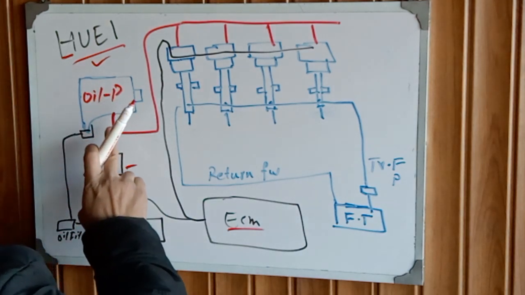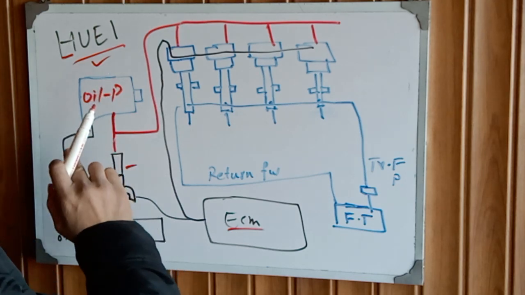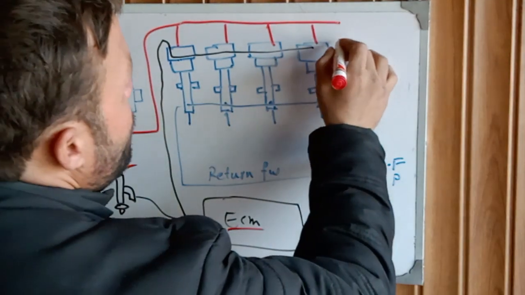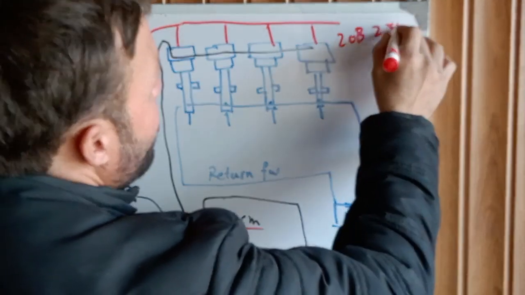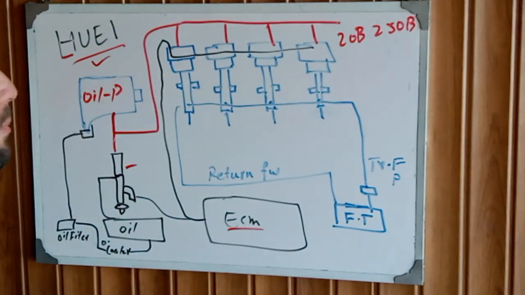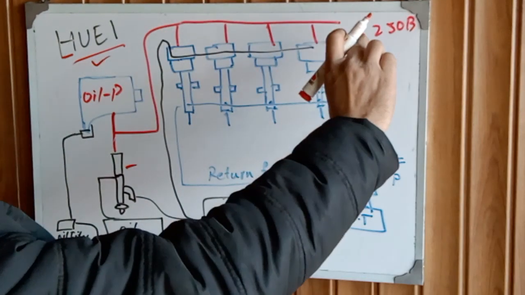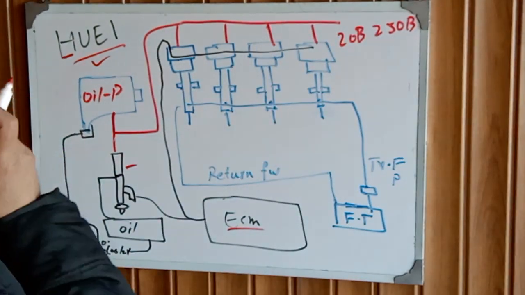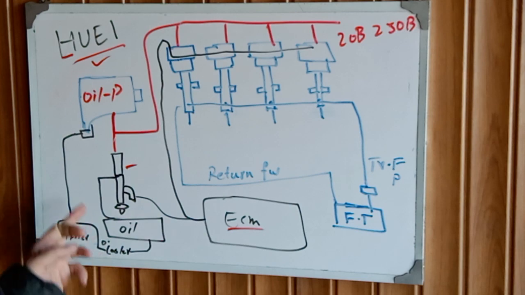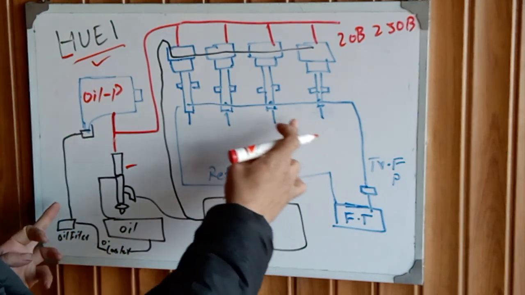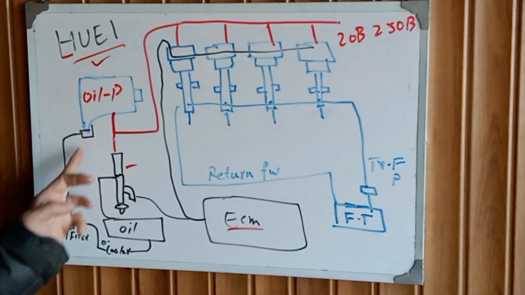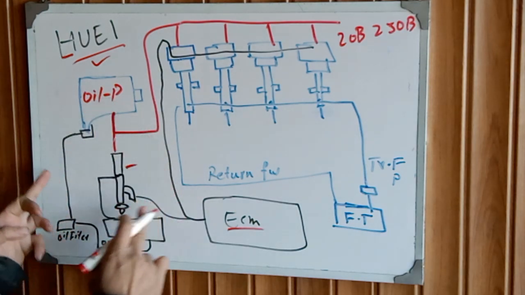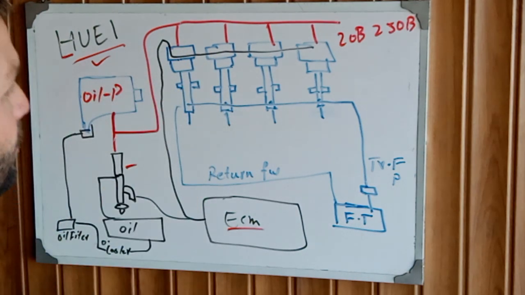This oil pump pressurizes to 20 bar to 250 bar on the injector. Fuel is already sent to the injector. The oil pump pressurizes the engine oil to the injection system.